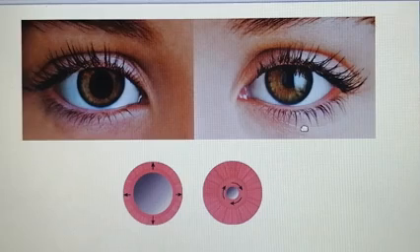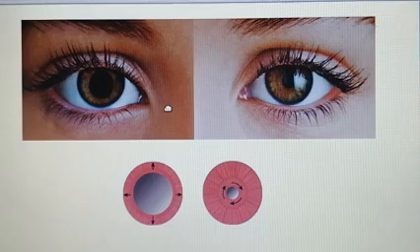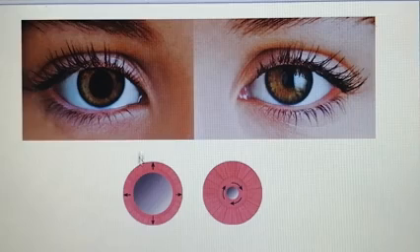Another point we are discussing is regulation of light in our eyes. How is the light regulated inside our eyes? The entry of a large amount of light is harmful to our eyes or tissues of the eye.